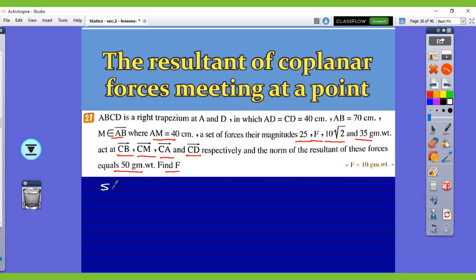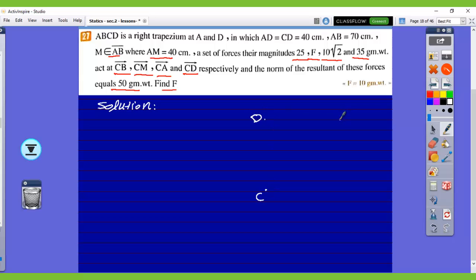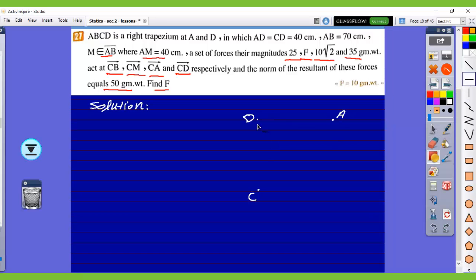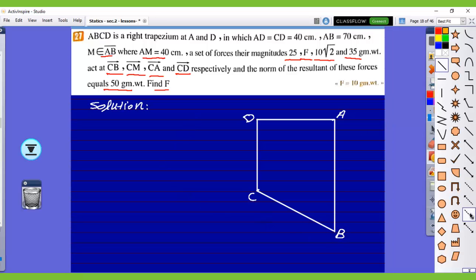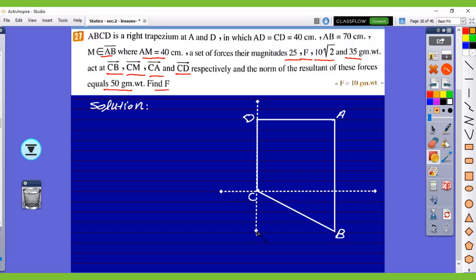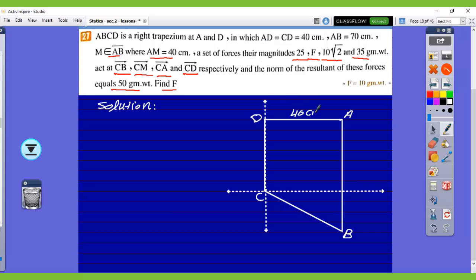Solution: first we draw the figure. We have AD equals 40 centimeters, the length of CD also equals 40 centimeters, AB equals 70, and we have M belongs to AB such that AM equals 40 centimeters, so we put M here.